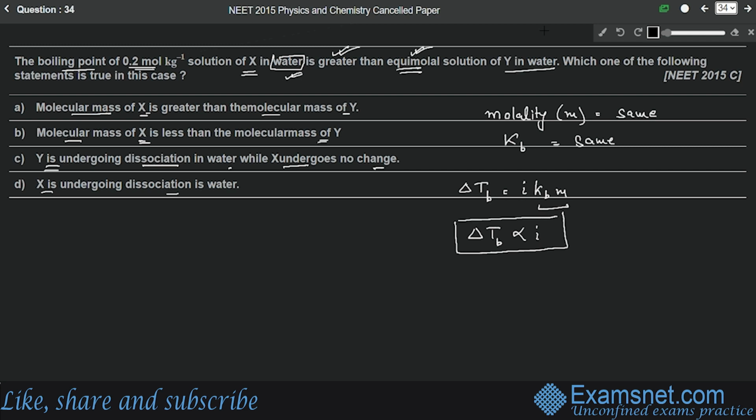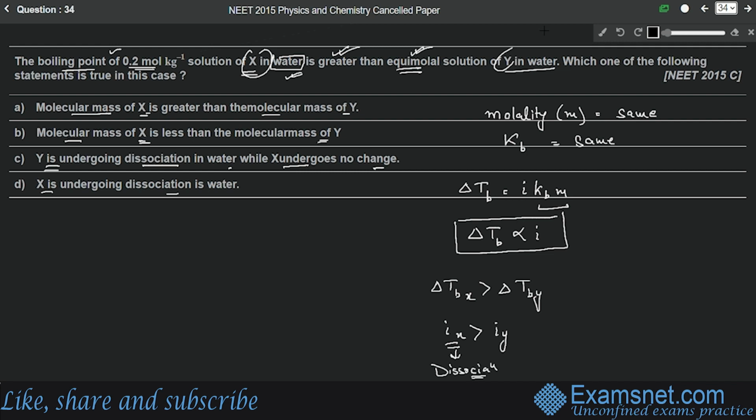So here it is given that the boiling point of X is greater than Y. That means delta Tb for X is greater than delta Tb for Y. That means i for X will be greater than i for Y. And when the value of i is greater, it means X will be undergoing dissociation.